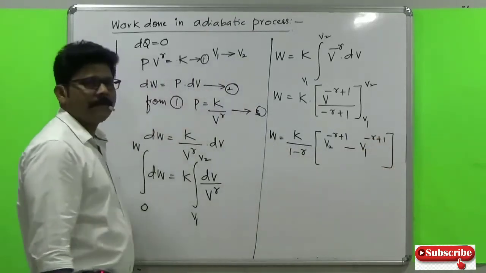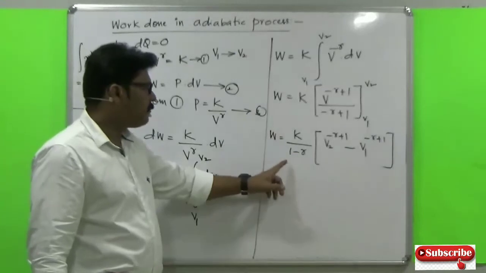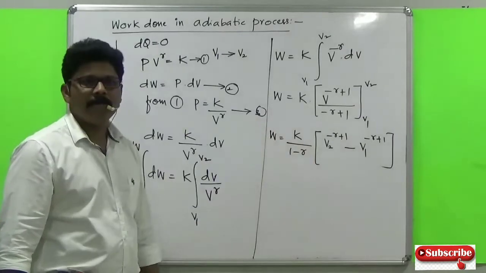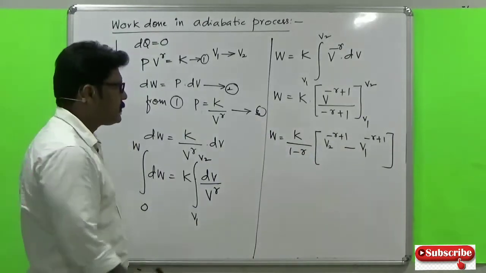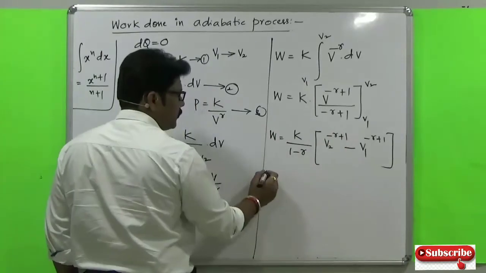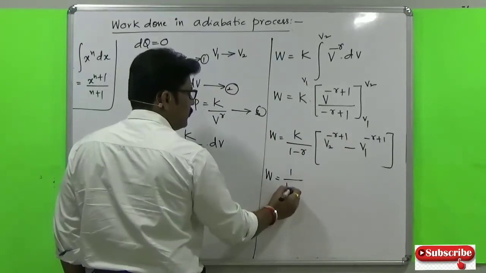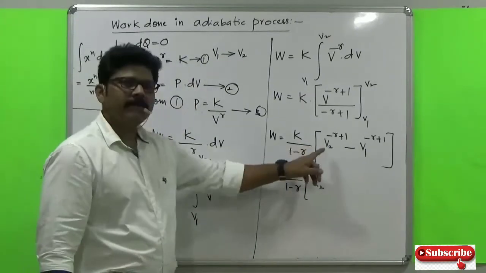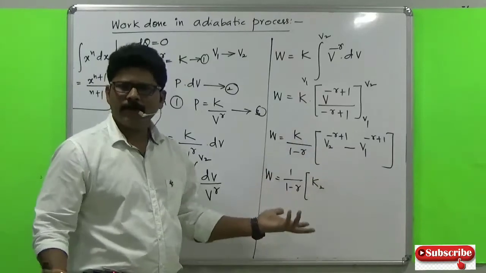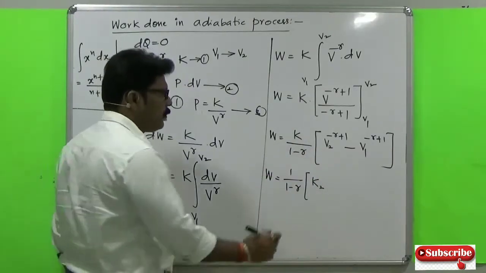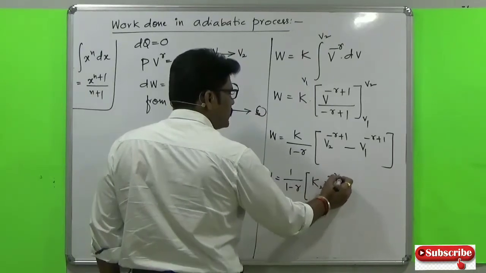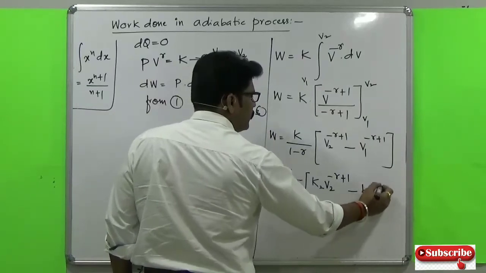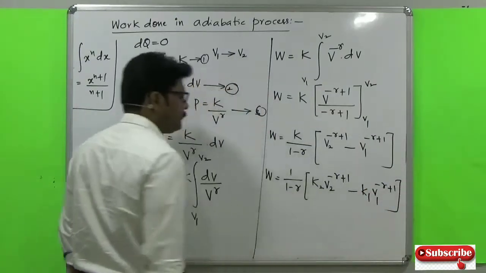So W is equal to K by 1 minus gamma times V2 to the power of minus gamma plus 1 minus V1 to the power of minus gamma plus 1. Multiplying K inside, W is equal to 1 by 1 minus gamma times K2 V2 to the power of minus gamma plus 1 minus K1 into V1 to the power of minus gamma plus 1. Instead of K we can write K1, K2, anything.